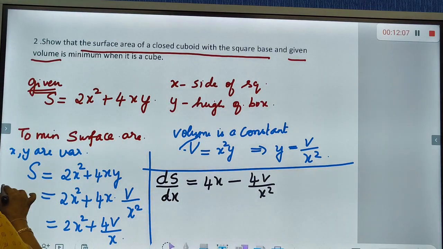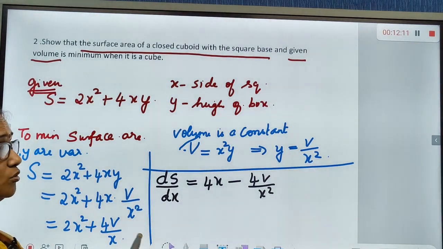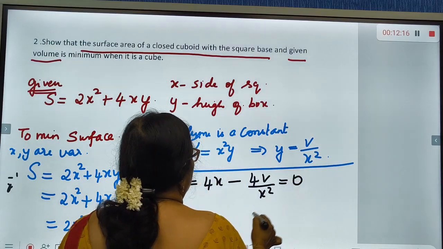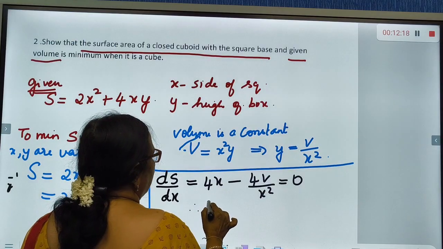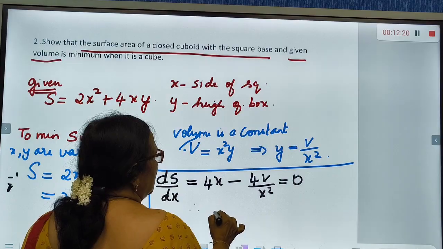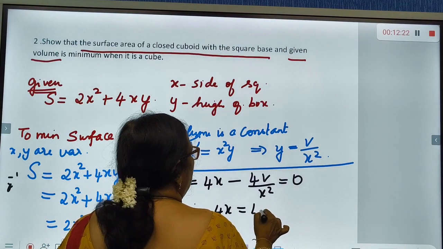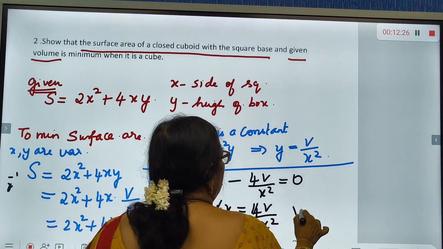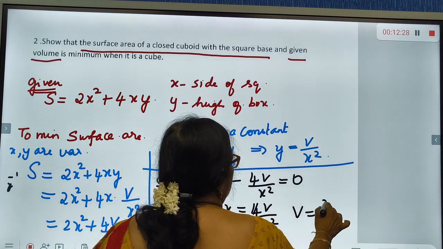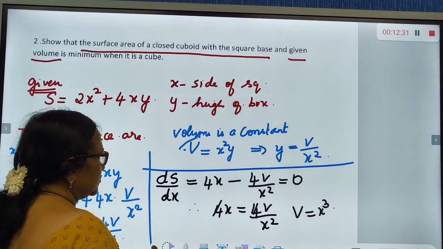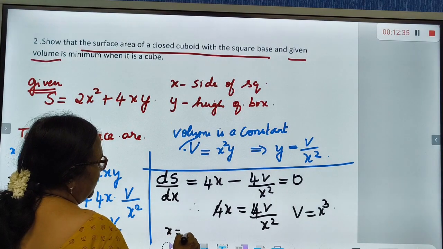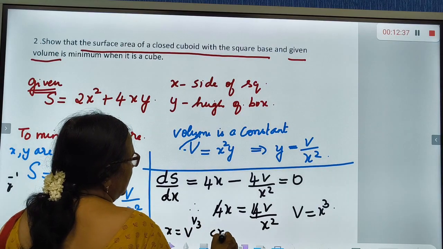Derivative of 1 by x is what? x power minus 1, so minus 1 by x square. dS by dx equal to 0. Therefore, the critical point is obtained at 4x equal to 4V by x square, so V equal to x cube. So when x is equal to V power 1 by 3, we have the critical point.